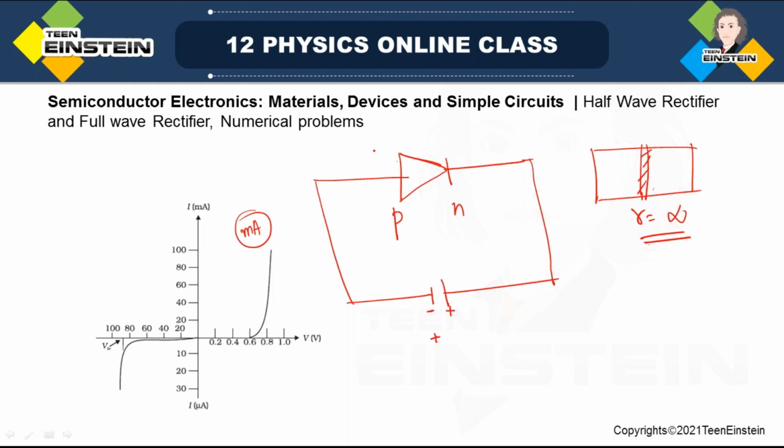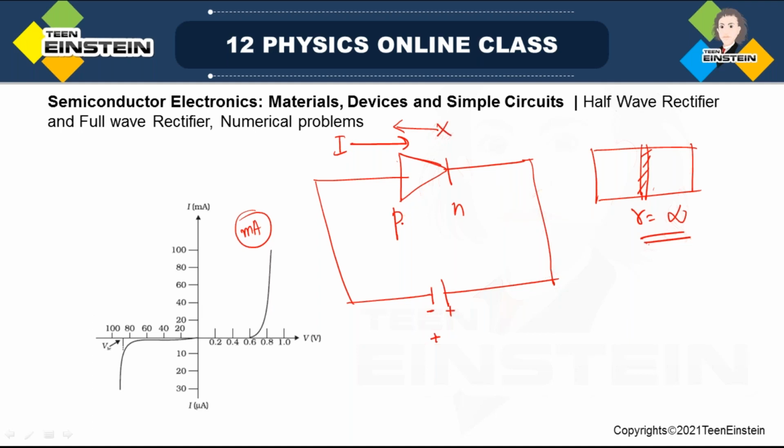So you look, current is only flowing P to N but not N to P. Only when it is in forward bias is it conducting. So when we use this PN junction diode in any circuit, in the ideal case, if the diode is forward biased, it will conduct, otherwise it will not conduct.